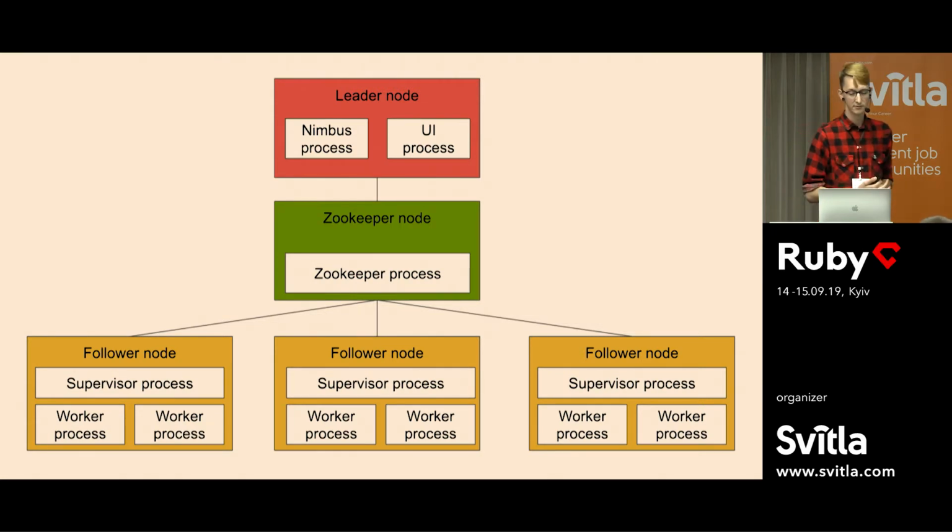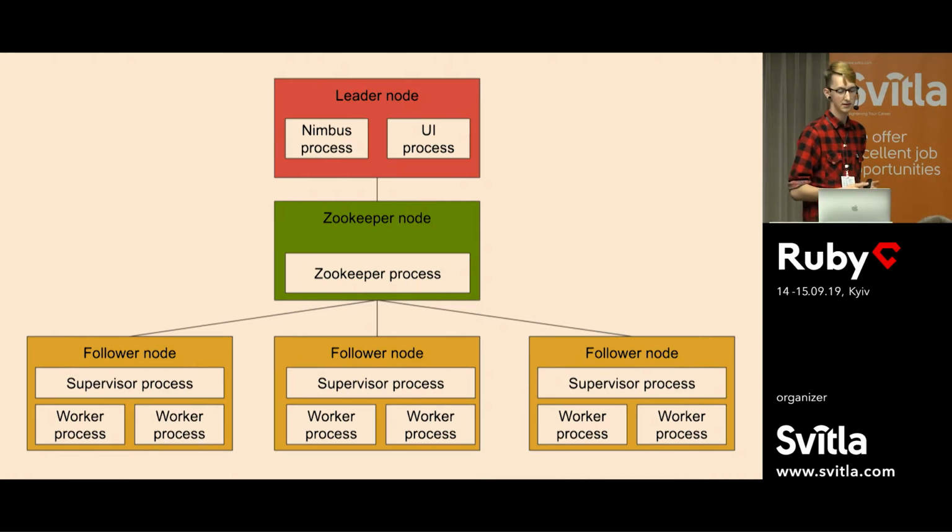The leader node runs the Storm Nimbus process and the Storm UI. Storm UI is just a web interface used to manage the state of our cluster. The follower nodes run the Storm supervisor processes. The Zookeeper process, which is on a separate node, is used for coordination among the leader node and the follower nodes. So it's like a cluster management node.